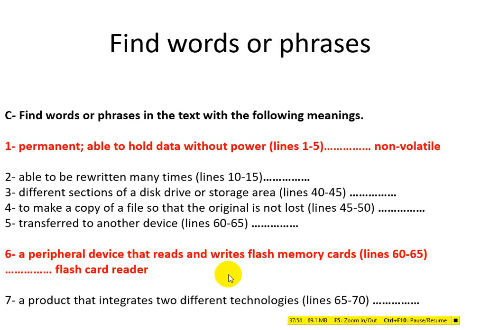Okay, flash card reader. Okay, so the peripheral device that reads and writes flash memory cards, flash card reader. You find it a small device, you put it in and you put it in your computer.